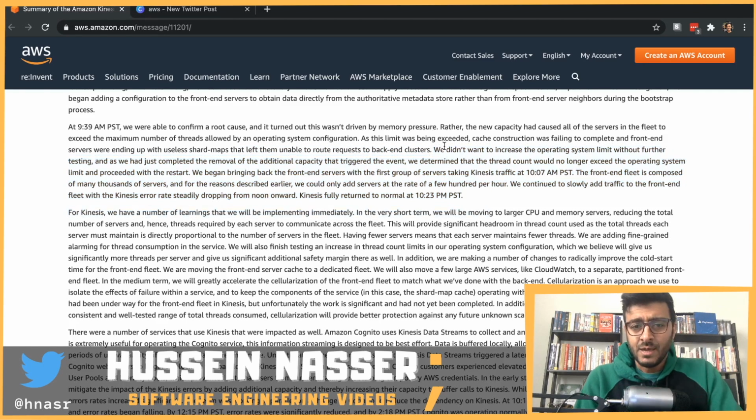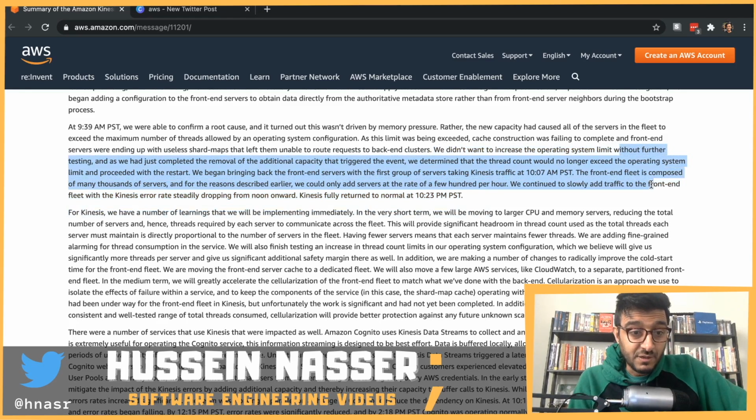We didn't want to increase the operating system limit without further testing. Because the first instinct is, let's just increase it. But it's not tested. If you're adept in software engineering, you don't try something you never tried before in production.